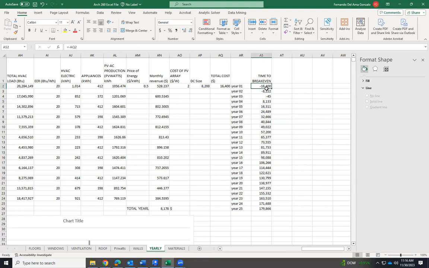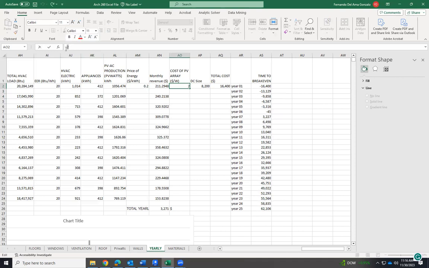Okay, a 3 year break-even time, it's great. If the price of electricity drops, well, this is 0.2, this is what currently is, and the cost of the PV array is 2, that's quite cheap. Okay, that works.